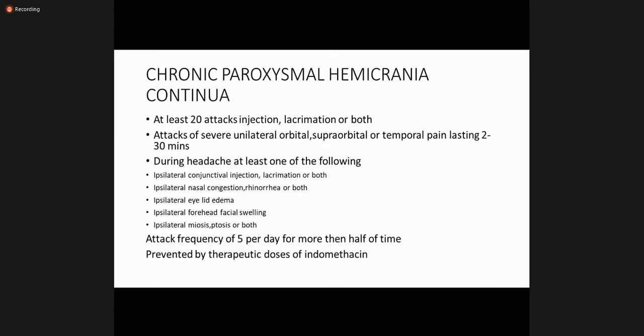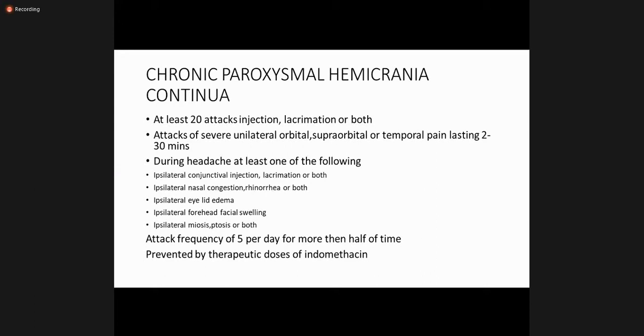Now, the third type of trigeminal autonomic cephalgias is chronic paroxysmal hemicrania, or you can say paroxysmal hemicrania. These headaches are similar to hemicrania continua, but the difference is that the duration of attacks is different and they have more frequent headaches.